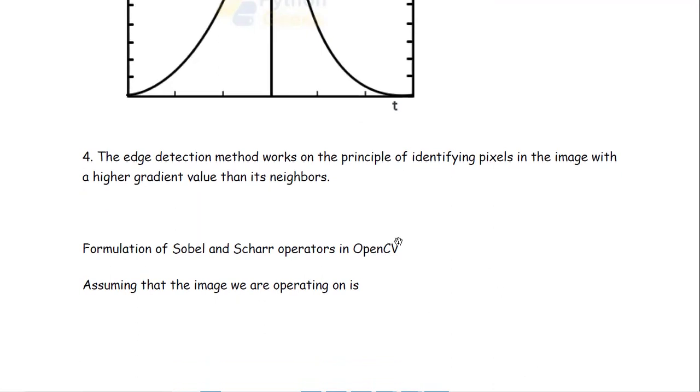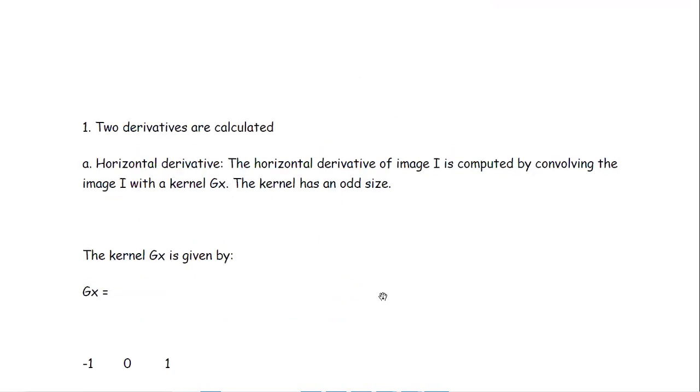Now let's come to our main discussion topic today, the Sobel operator in OpenCV. First, how do we go about it? Two derivatives are calculated. The horizontal derivative of image I is computed by convolving the image I with a kernel Gx.